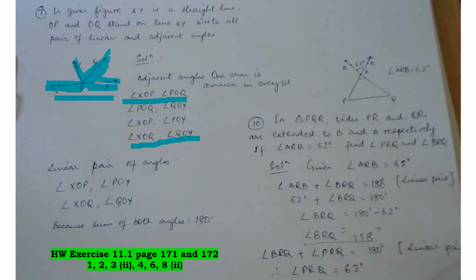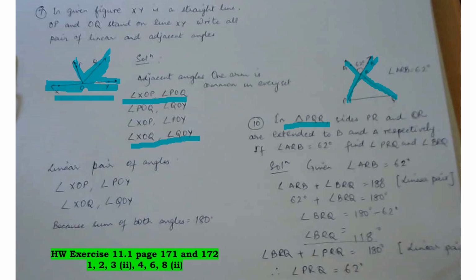Question number 10 says, in triangle PQR, sides PR and QR are extended to A and B respectively. If angle ARB is 62 degrees, find angle PRQ and angle BRQ.